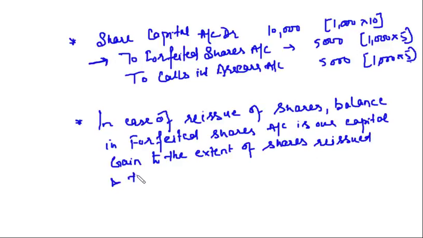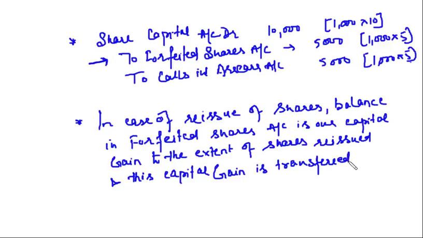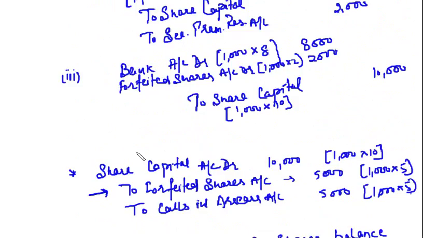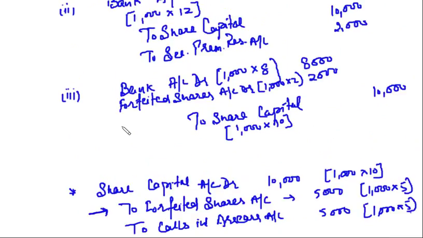Right? And this capital gain is transferred to capital reserve account. Clear? So what is the journal entry for this? Now there can be three journal entries, basically two journal entries, sorry.